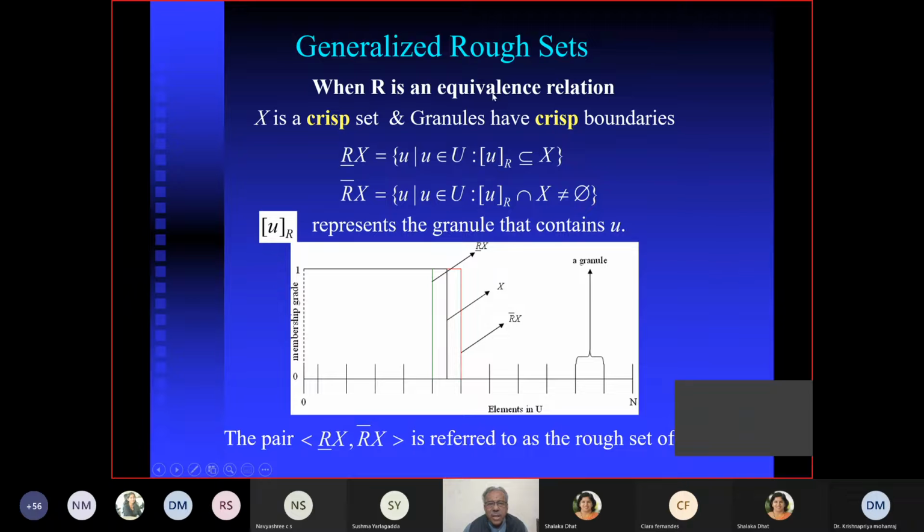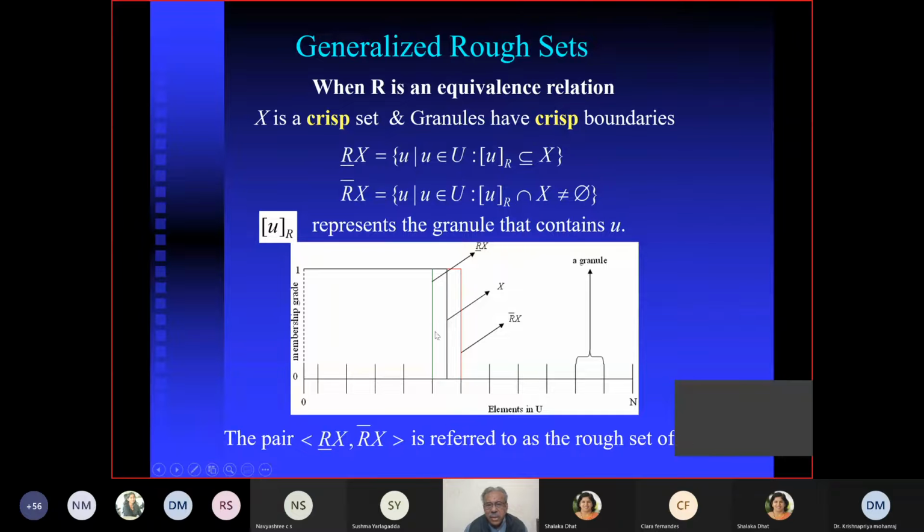Similarly, the upper approximation is the union of granules such that the granule's intersection with the set X is a non-empty set.